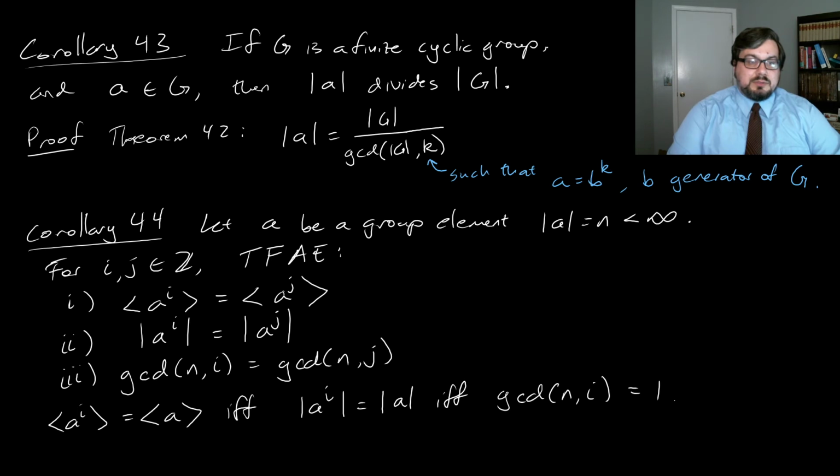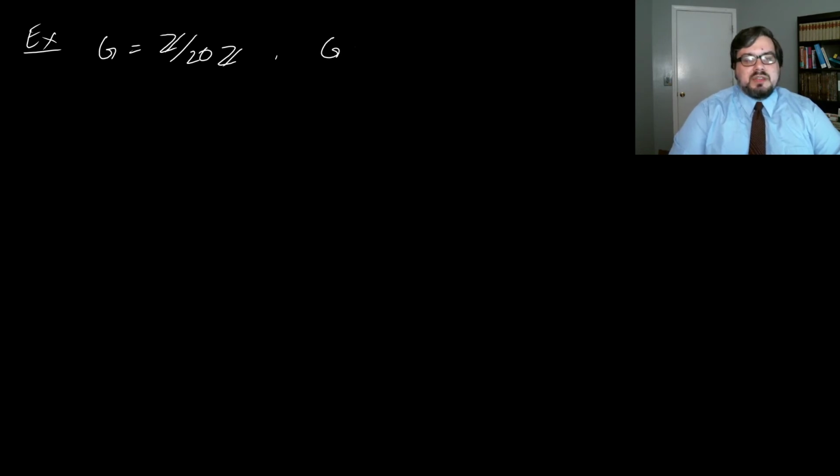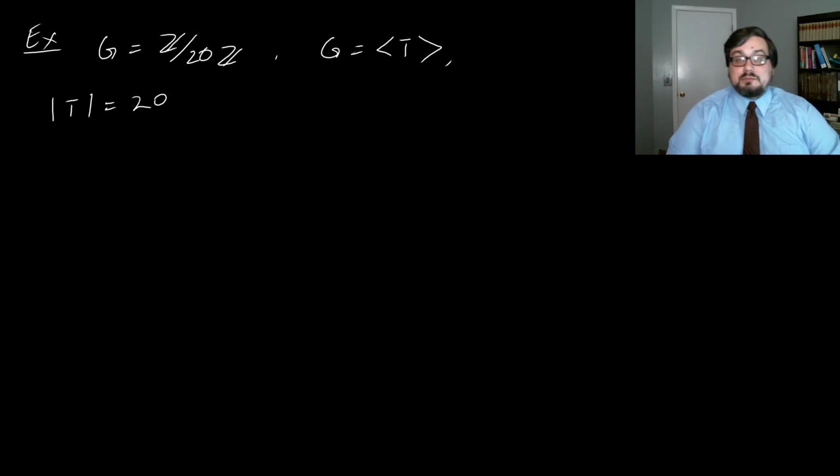Let's take an example. Let G be the cyclic group Z mod 20Z. So we know that G is a cyclic group generated by 1 bar. We also know that the order of 1 bar is equal to 20, and that's because the order of 1 bar is the same as the order of the group, and the group G has 20 elements in it.